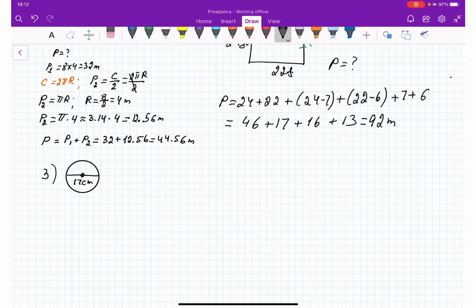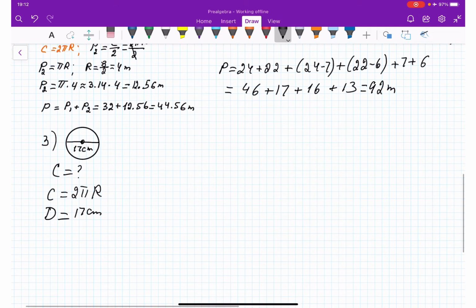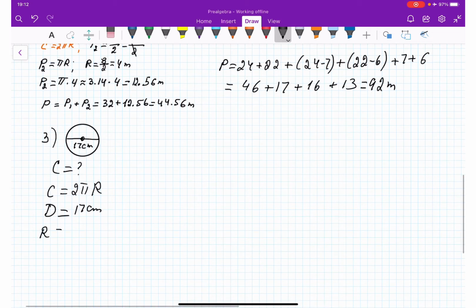Okay, so we need to find the circumference. Circumference is equal to 2 pi r. Since the diameter is 17 centimeters, the radius is the diameter divided by 2.